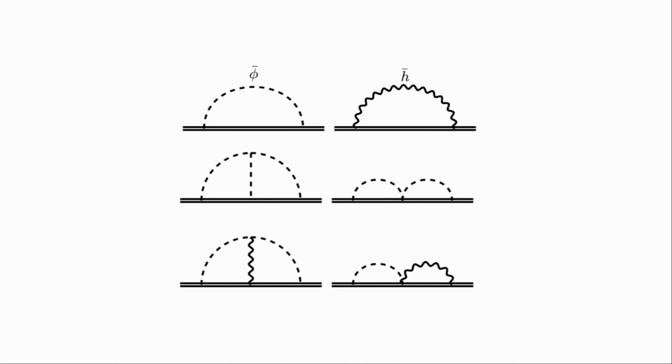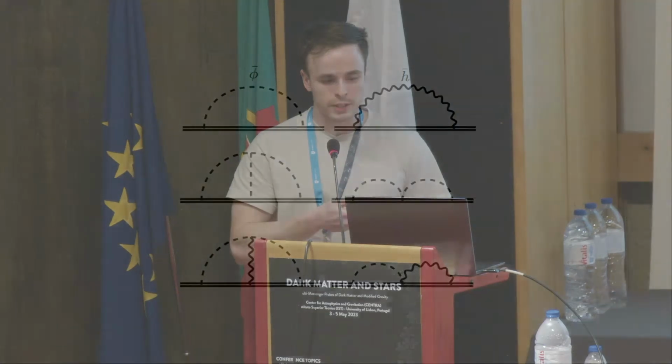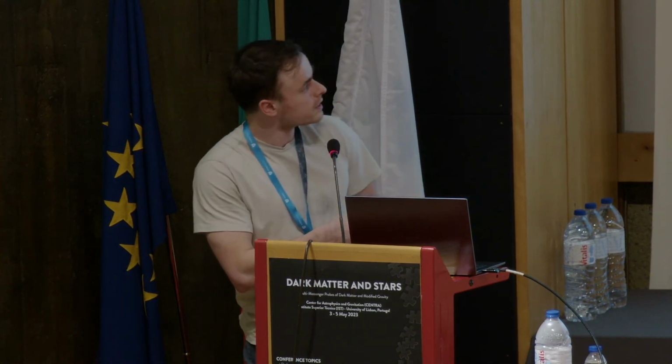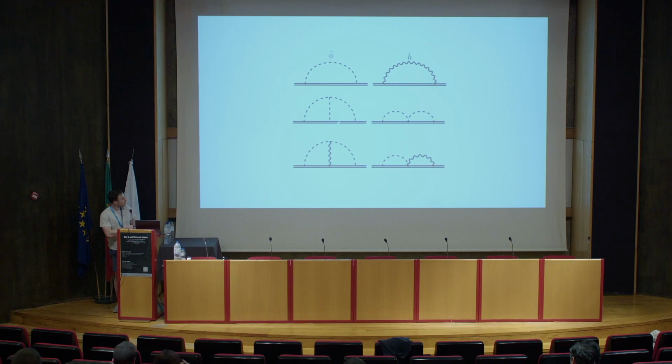These would be encoded in these topologies down here. For example, you emit some scalar radiation, and then it back-reacts with the potential, either the gravitational or the scalar potential of your binary, and thus changes the waveform. These effects are, however, at a higher PN order. For example, this diagram here would start contributing at the 0.5 PN order. We haven't calculated it yet, but it's definitely something on the plan for the future.